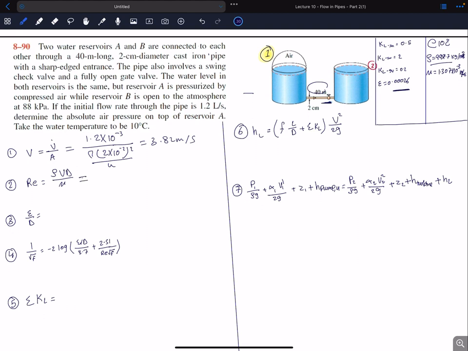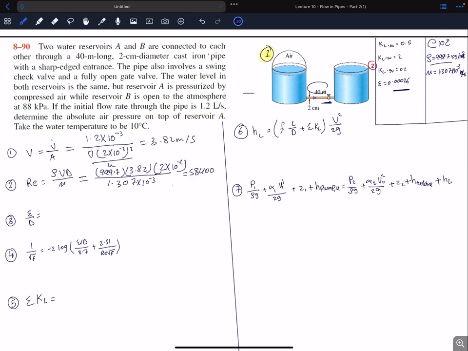Next, we apply the Reynolds number so we can see whether it is turbulent or laminar flow. The density is 999.7 times the velocity 3.82 times the diameter of 2 centimeters, divided by mu, 1.307 times 10 to the power -3, which is equal to 58,400.